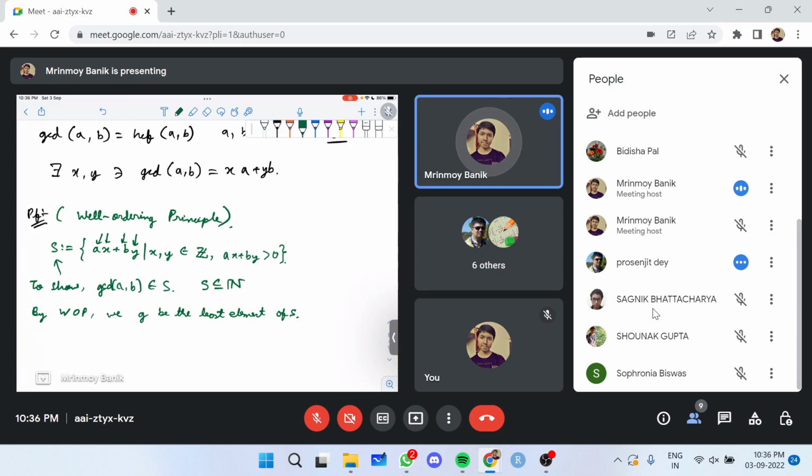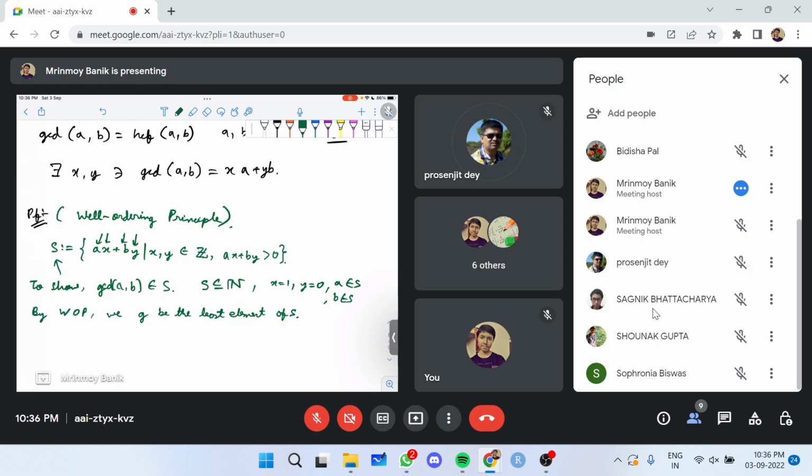That's why zero is not in S. So you can take x equals 1 and y equals 0 instead and say A is inside S, so is B. Yeah, so obviously S is not empty.